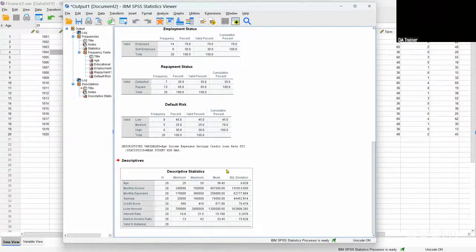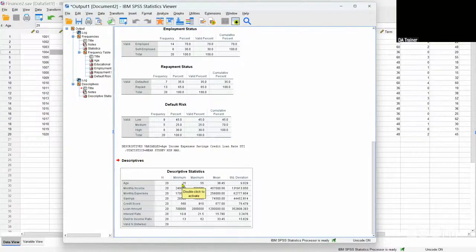Now, what am I trying to say? The N is the total number of individual data we have. And then the minimum, the minimum value of age is 25.